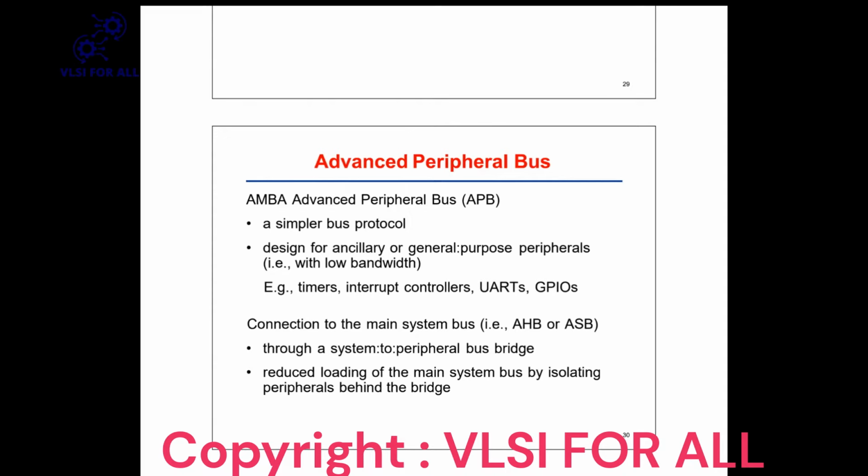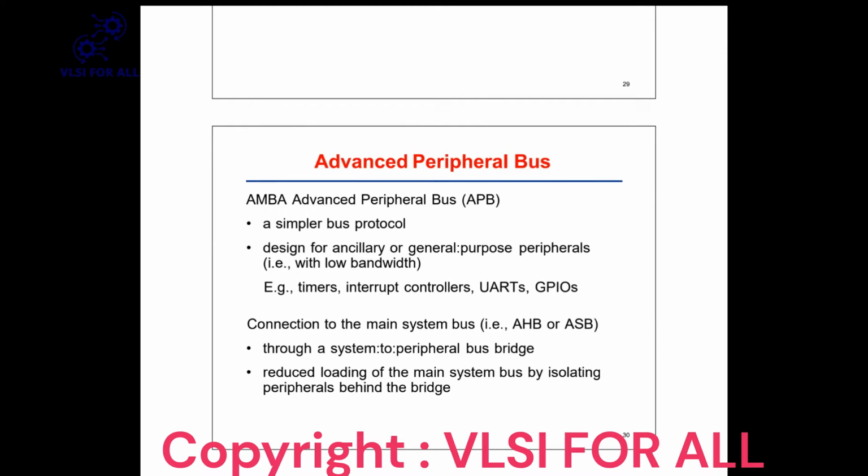Same with APB: it requires two clock cycles to communicate with the slave. If it has to transfer any data, it will require two clock cycles. If it has to receive data, again it will require two clock cycles. Means for every operation happening in APB, that requires two clock cycles.